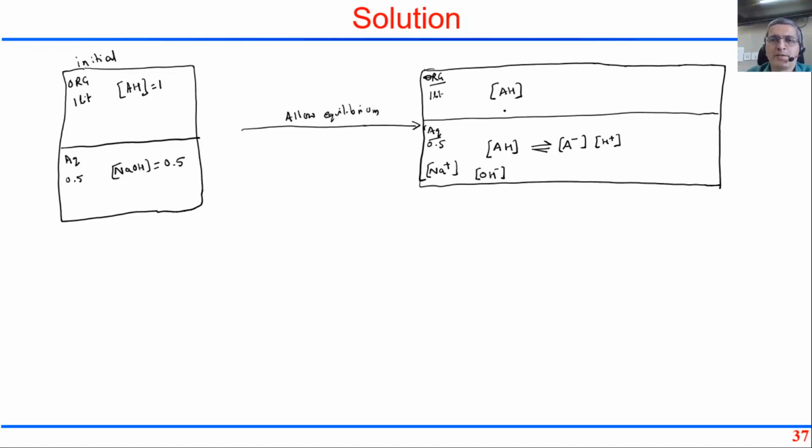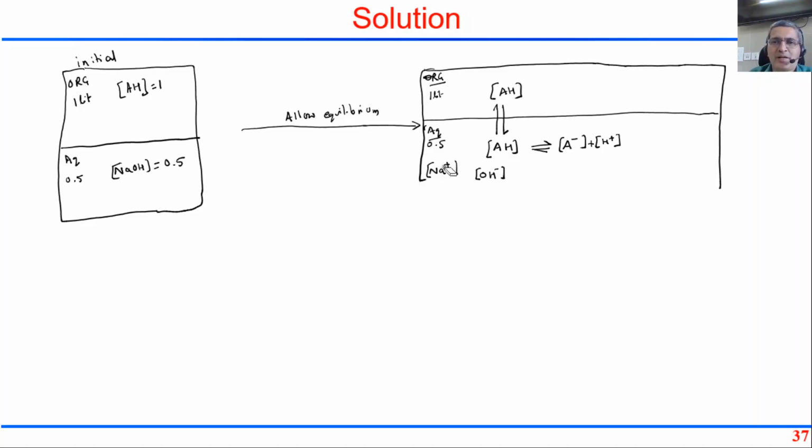Just try to visualize the physical dissolution, that is the equilibrium between AH in the organic phase and AH in the aqueous phase, undissociated form. Just the physical distribution, partitioning. Now we have AH being dissociated in the aqueous phase, it will give you A minus and H plus ions. In addition, the aqueous phase will contain Na plus ions and OH minus ions, because we have added NaOH in the aqueous phase.